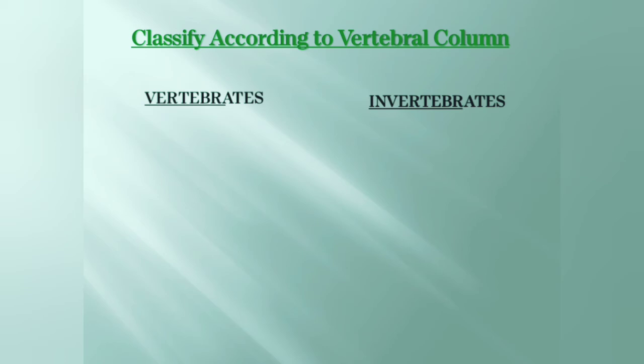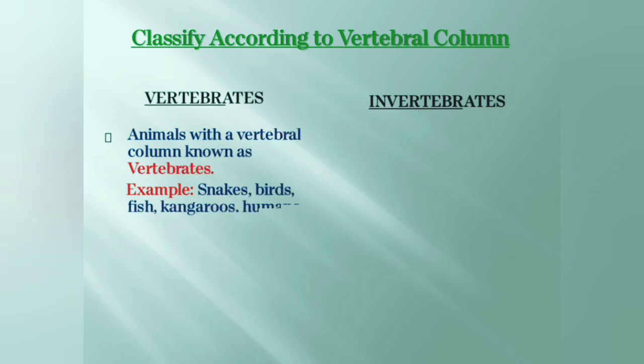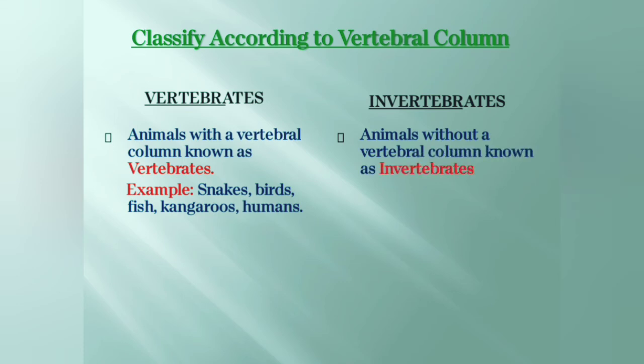Animals with a vertebral column are known as vertebrates, for example snake, bird, fish, kangaroo and also humans. And those animals which do not have a vertebral column are known as invertebrates. For example, snails, cockroach, earthworm, all these do not have a vertebral column. Is that clear?